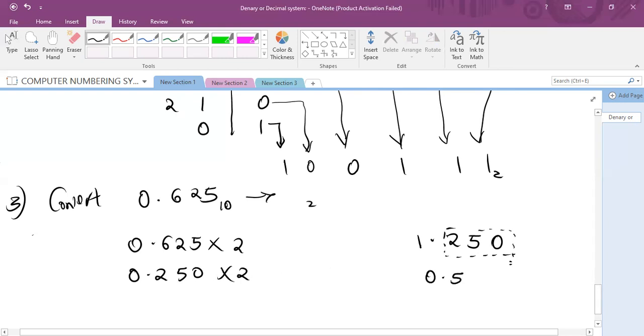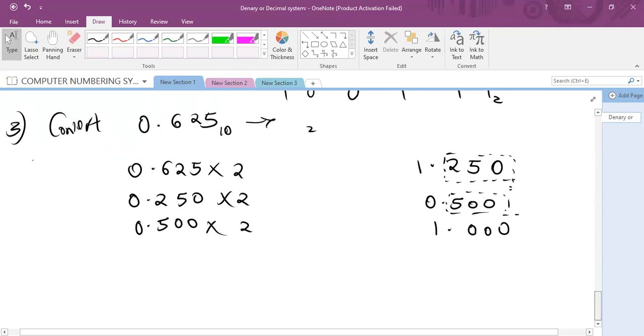That gives 0.500. We take this part again, bring it here, 0.500 times 2. What does that give? That gives 1.000.